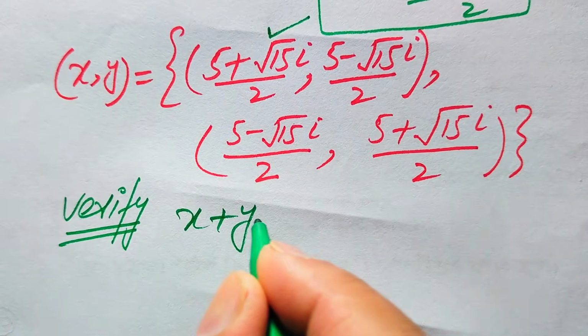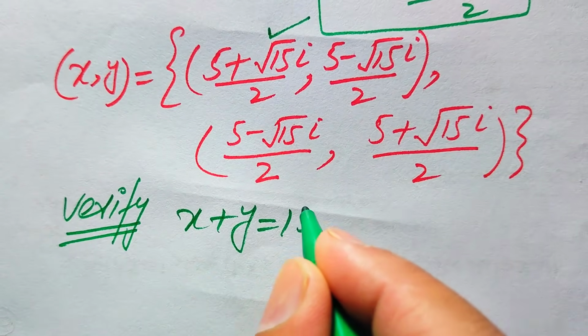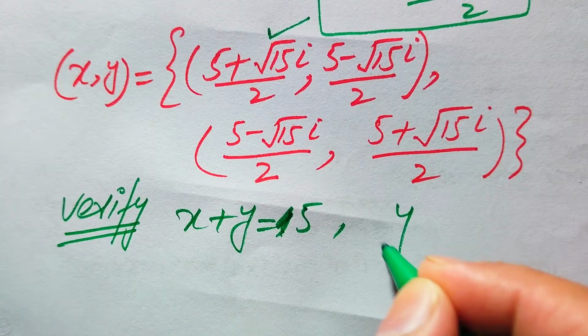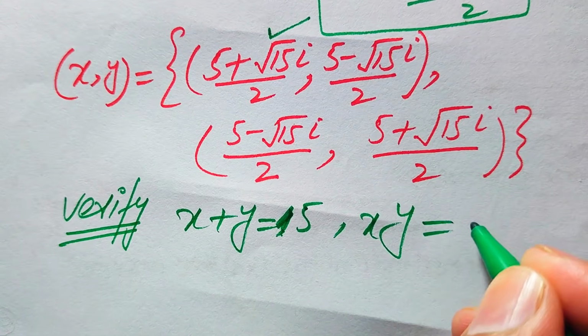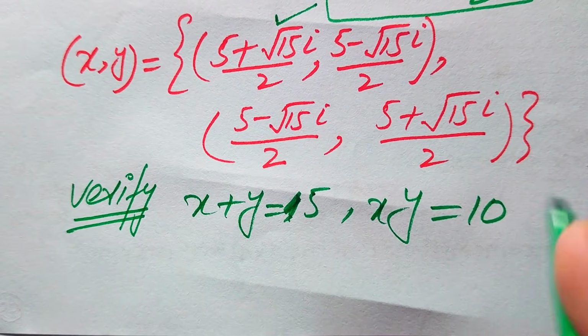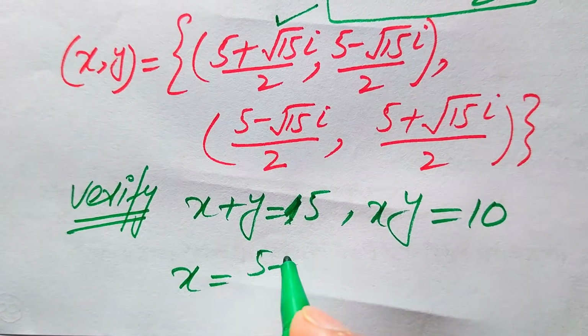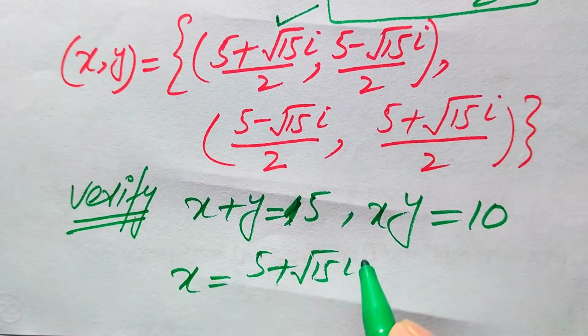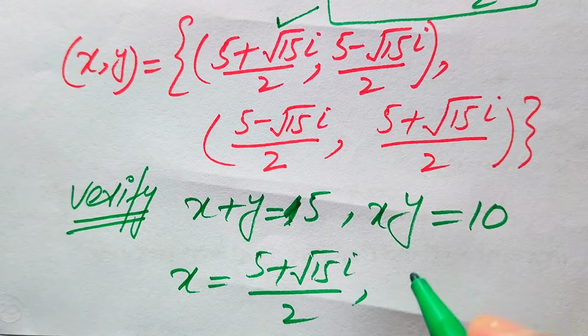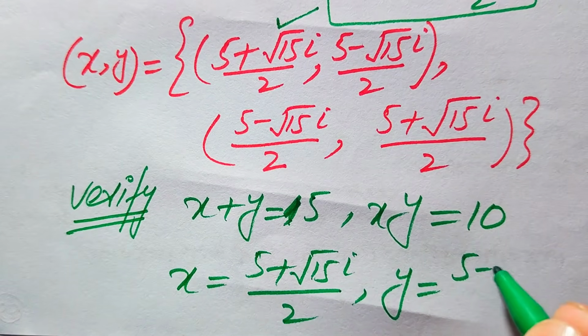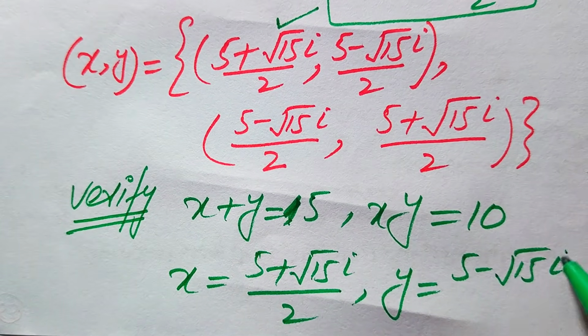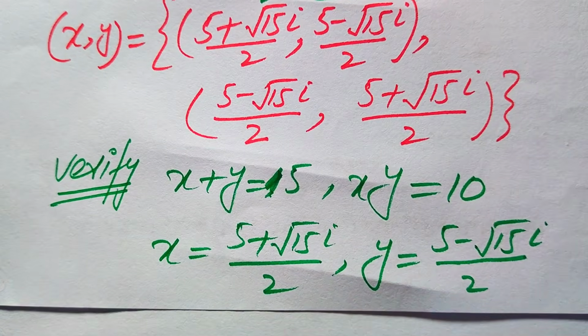The first equation is x plus y is equal to 5, and the second equation is xy is equal to 10. So we have the value of x is equal to (5 plus square root of 15 iota) divided by 2, and the value of y is (5 minus square root of 15 iota) divided by 2.